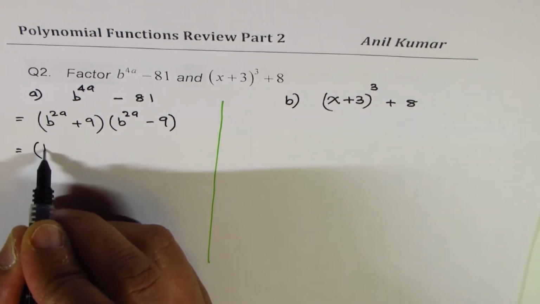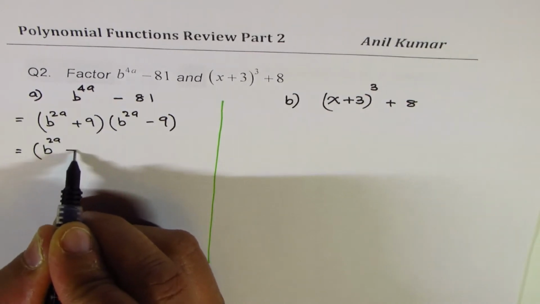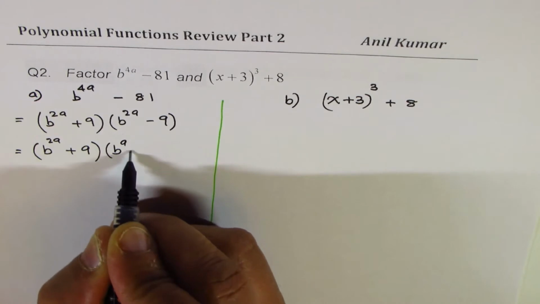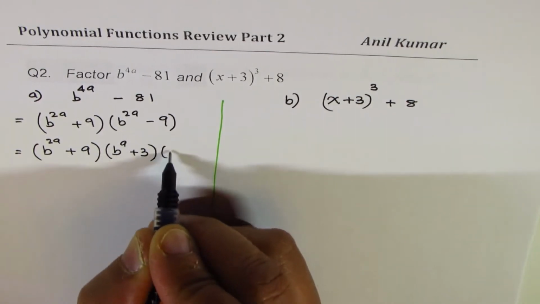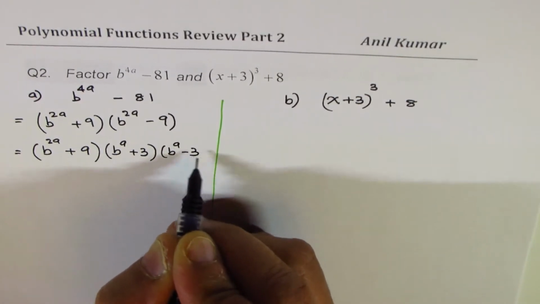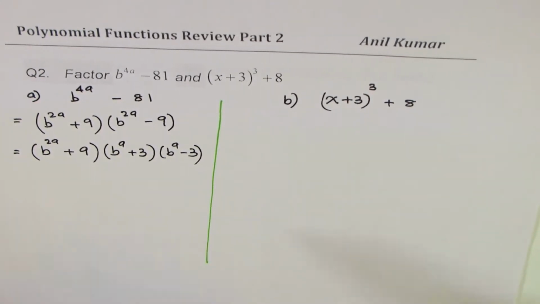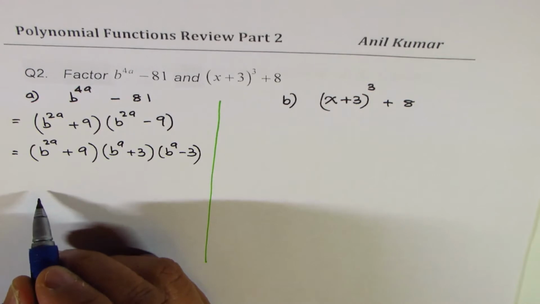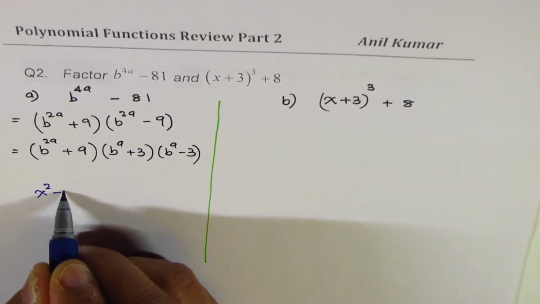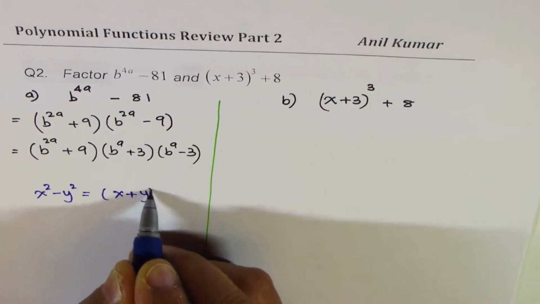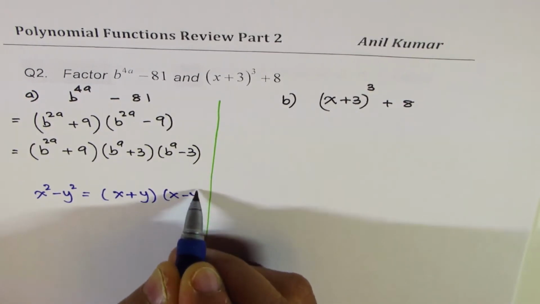So what we get here is (b to the power of 2a plus 9) times (b to the power of a plus 3) times (b to the power of a minus 3). So the basic rule which we have used here is x squared minus y squared can be written as (x plus y) times (x minus y). Right?